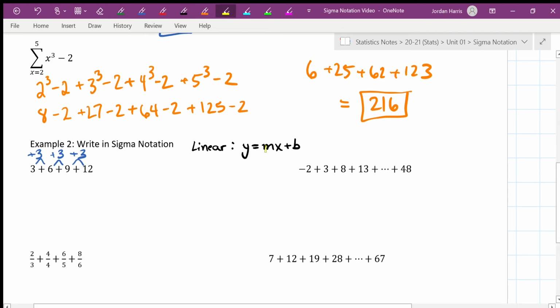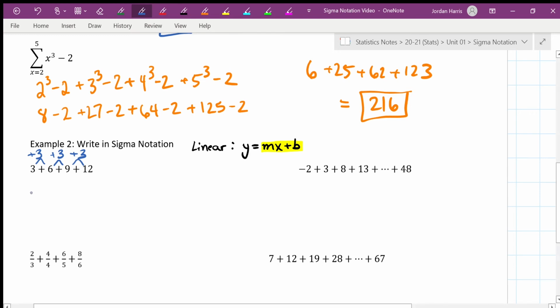We're going to be using the mx plus b part of that if it's linear. Once it's quadratic or cubic or something higher than that, it gets a little more complicated, and so we can't really use the equations we know. But linear is nice and simple, and we can use that equation we know, y equals mx plus b.